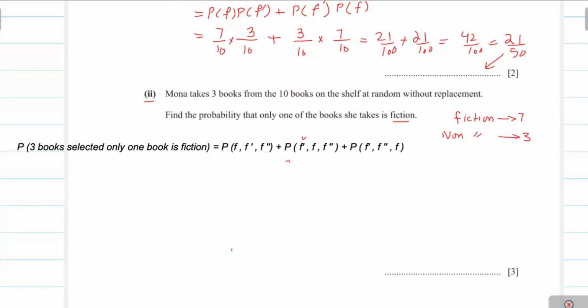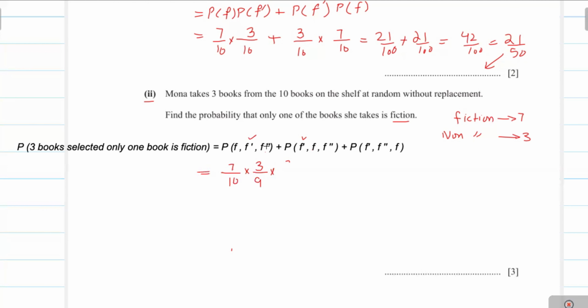Now we write the probability of a fiction book. The probability of a fiction book is equal to total fiction books over total books. Here our fiction books are 7. Total books are 10. Next is the probability of non-fiction books. The non-fiction books are 3 and total books will be 9 because one book is already selected.